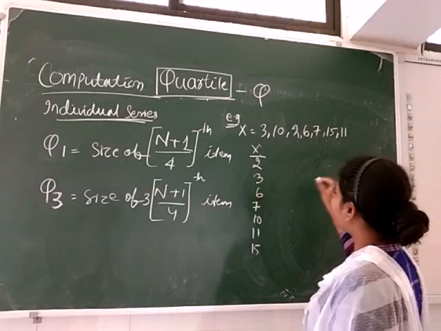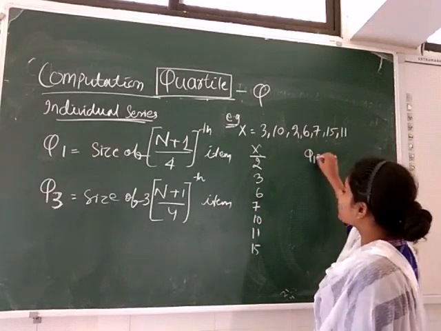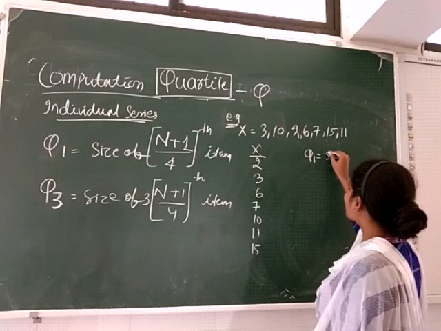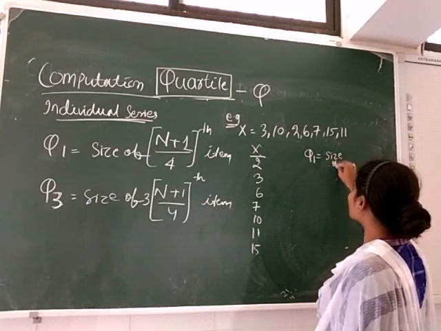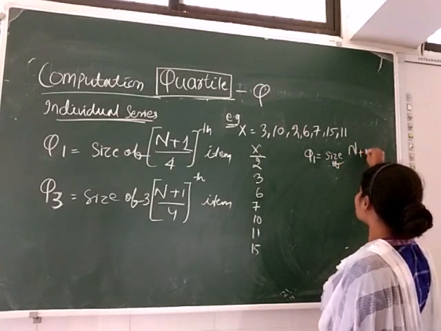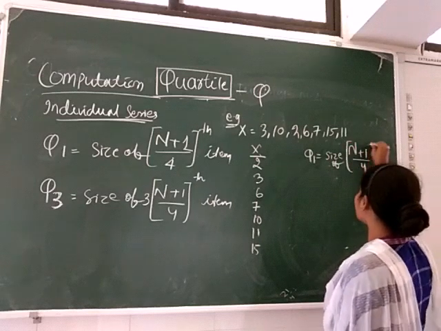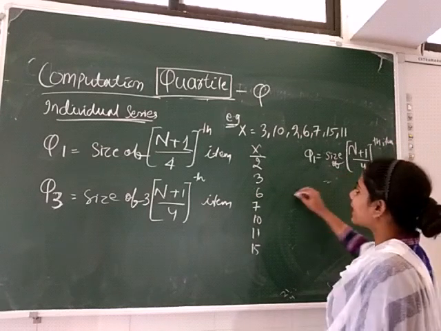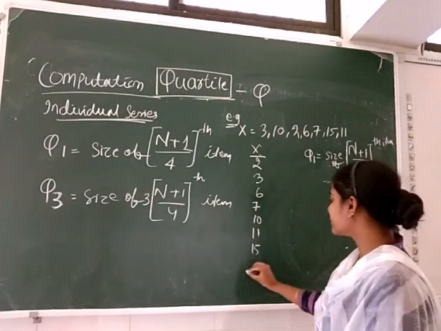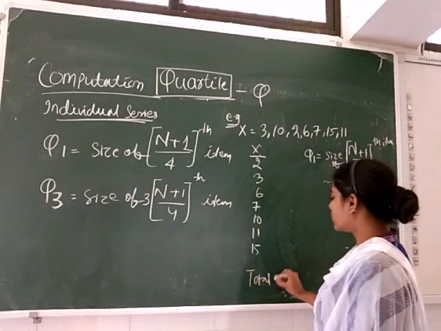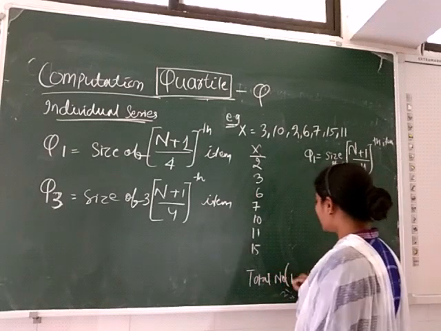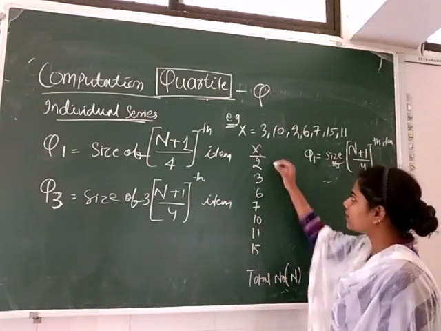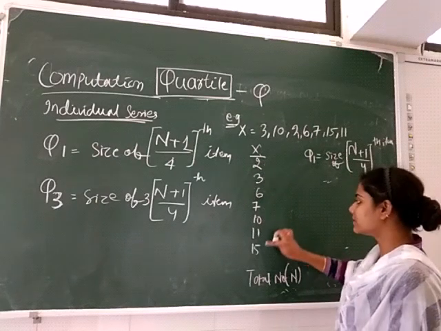As per the formula, Q1 equals size of n plus 1 by 4th item. So n will be the total number, and here the total number will be 1, 2, 3, 4, 5, 6, 7.